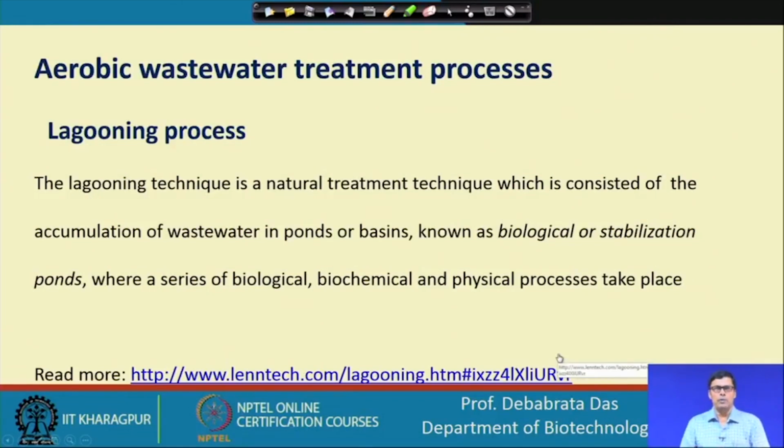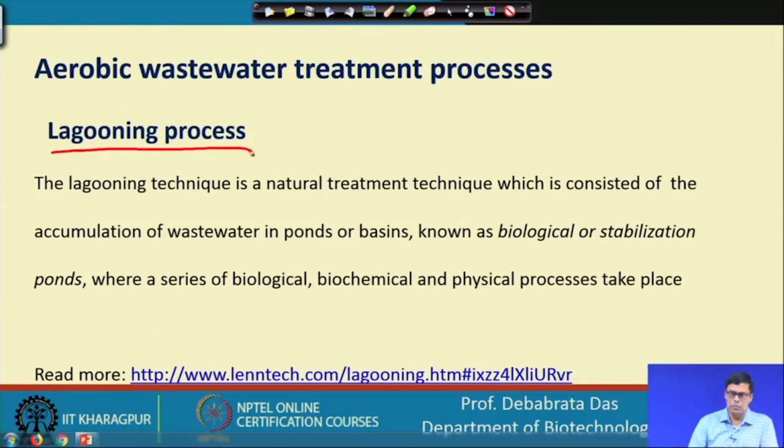Now, let us talk about the different aerobic wastewater treatment processes, and the first process that comes to mind is the lagooning process. This is a very old process. What is the lagooning process? We know lagoon. A lagoon is a kind of shallow pond. We put the wastewater in the shallow pond, and aerobic organisms grow there, multiply and degrade the material.